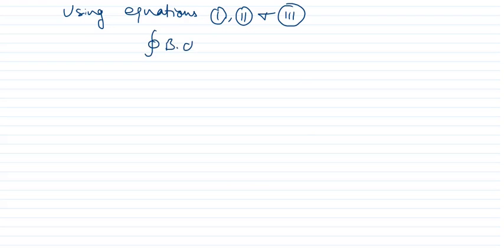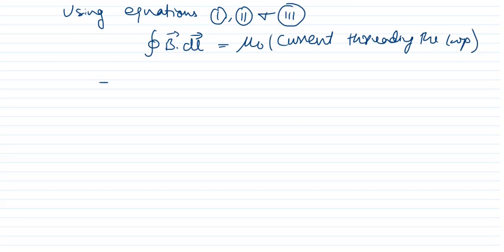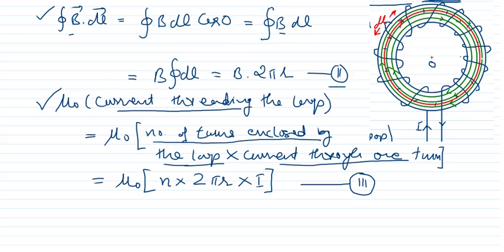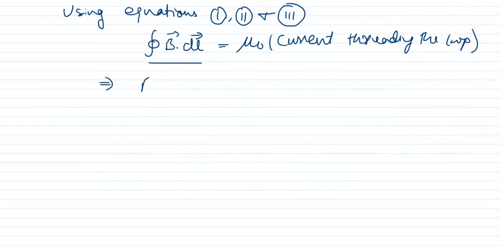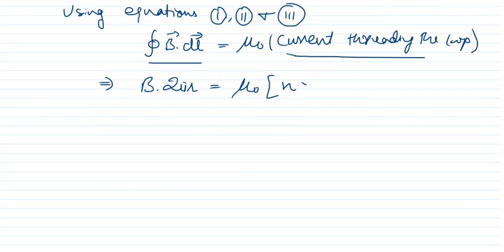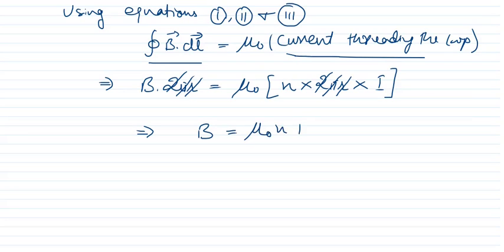B dot dl was equal to mu naught into current threading the loop, and left hand side was equal to B into 2 pi r, and this was equal to mu naught N into 2 pi r into I. The 2 pi r will cancel out, and B comes out to mu naught N I. You can see that magnetic field for both solenoid and toroid is equal to this.